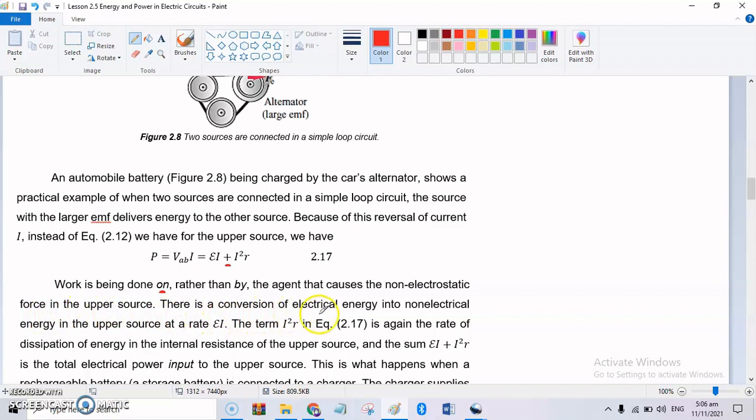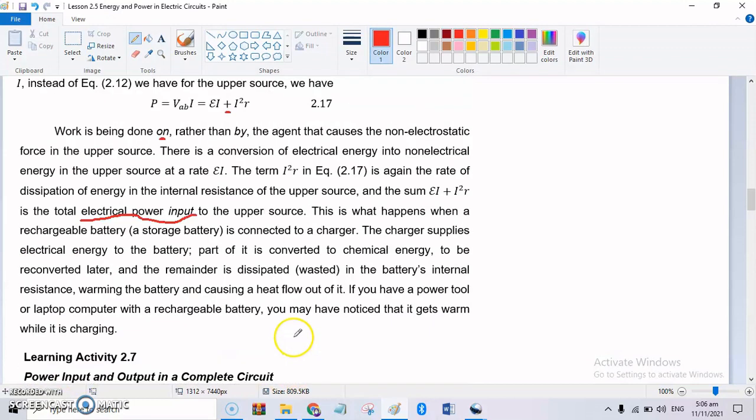There is a conversion of electrical energy into non-electrical energy in the upper source at a rate EMF times I. And the term I squared R in equation 2.17 is again the rate of dissipation of energy in the internal resistance of the upper source. And the sum EI plus I squared R is the total electrical power input into the upper source.